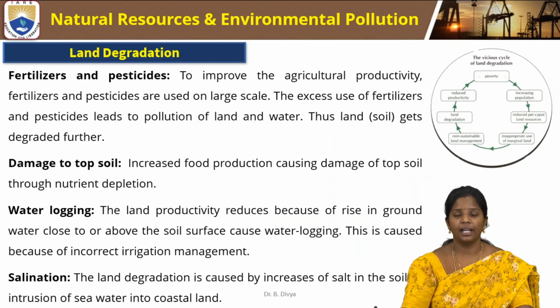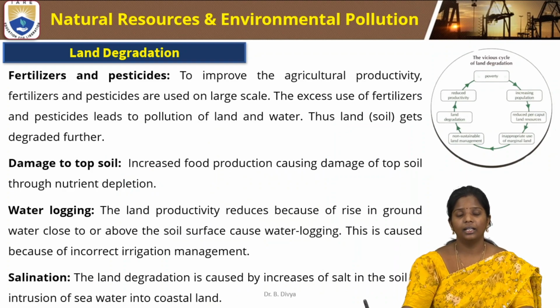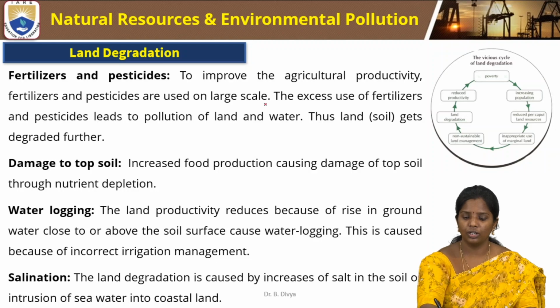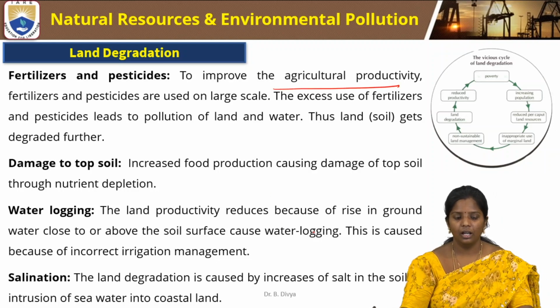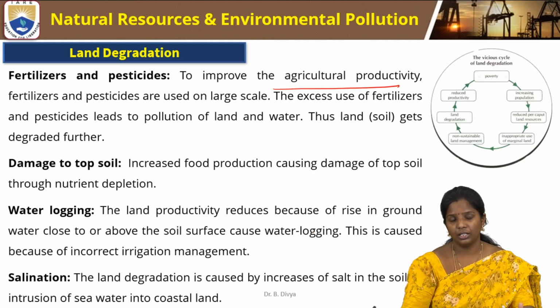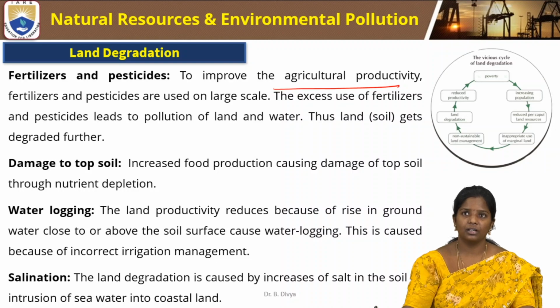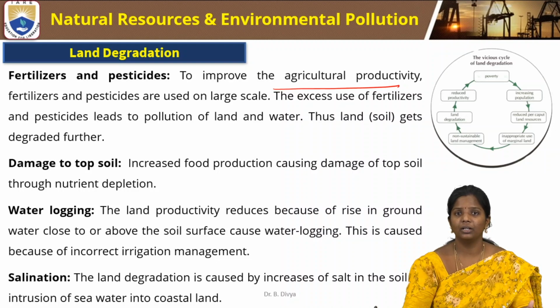Then fertilizers and pesticides are one more cause of land degradation. To improve agricultural productivity, fertilizers and pesticides are used on a large scale. On the contrary, we can use organic pesticides, but during development we are using chemical pesticides and fertilizers on a large scale, and that is affecting the land resources also.